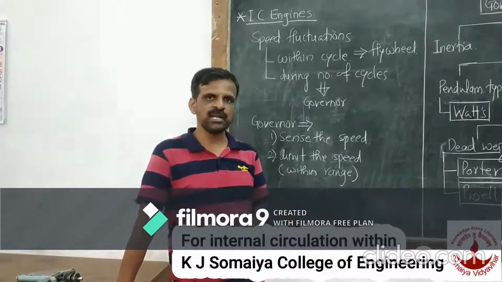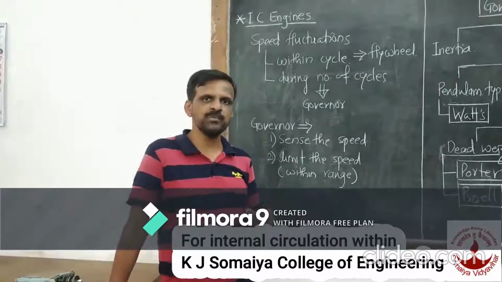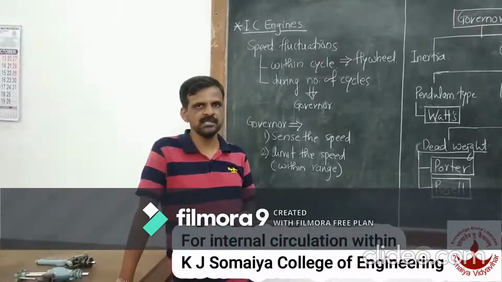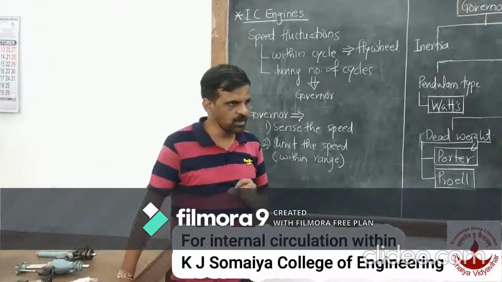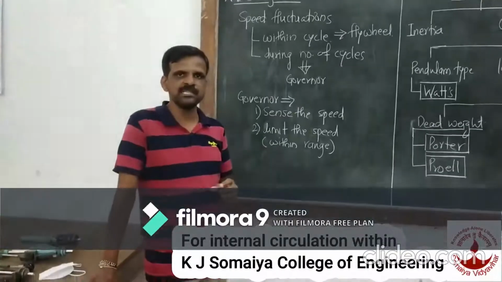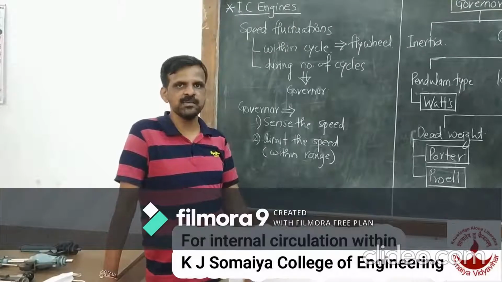So in order to control the speed of an IC engine within some minimum to maximum limit, we need a mechanism, and that mechanism is nothing but the governor. Now what is the function of the governor exactly? The governor will sense the speed of the engine and limit it from the minimum allowable to the maximum allowable speed of the IC engine.